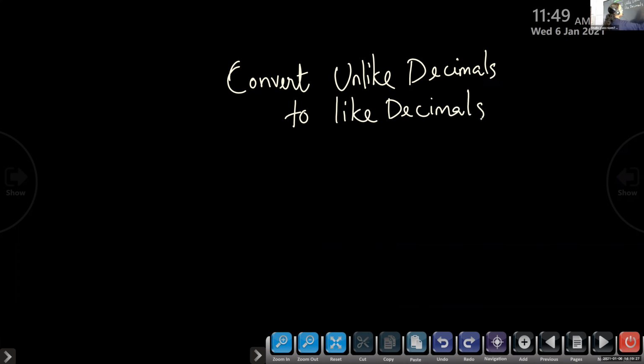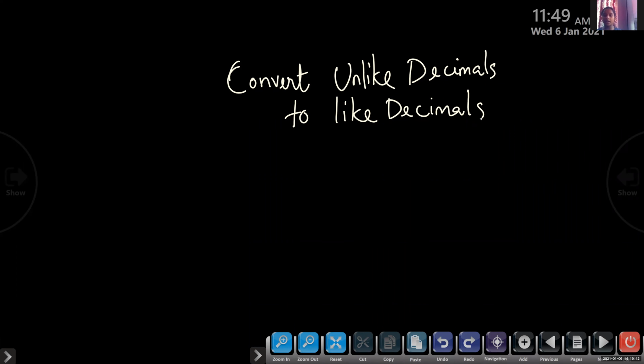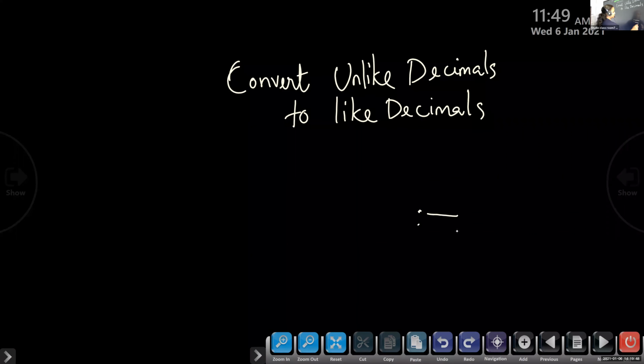Sophia, can you tell me what is like decimals? Like decimals means decimal numbers having an equal number of decimal places. After the decimal point, here 1, 3, 2, 4.